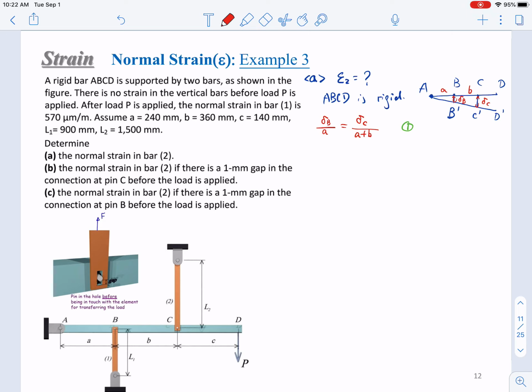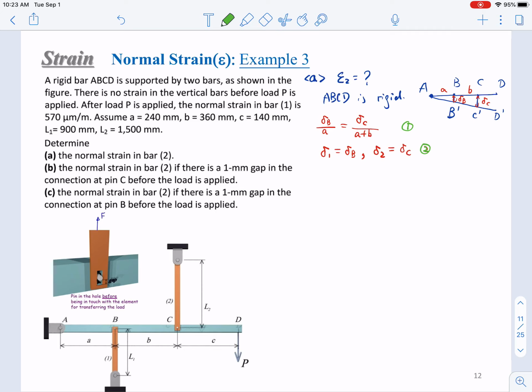So we can know that in this situation, the deformation of bar 1, the length change of bar 1, delta 1, always equals the displacement of point B. And the deformation or the length change of bar 2 always equals the displacement of point C, delta C. So this is our second set of equations.